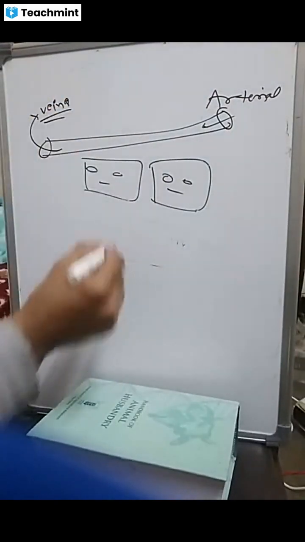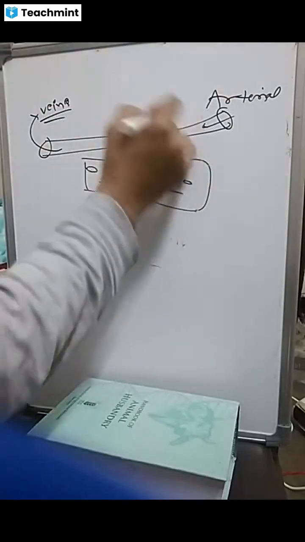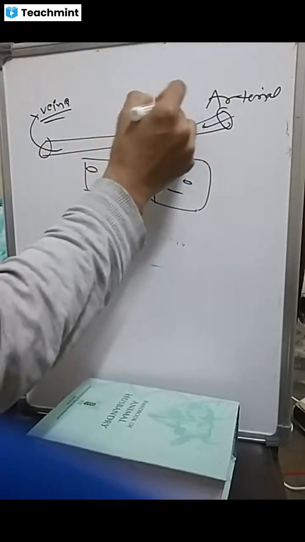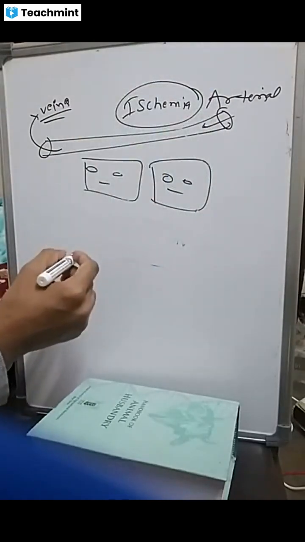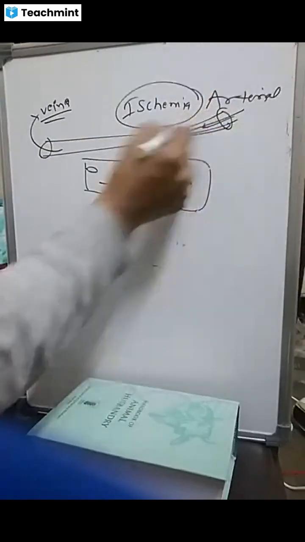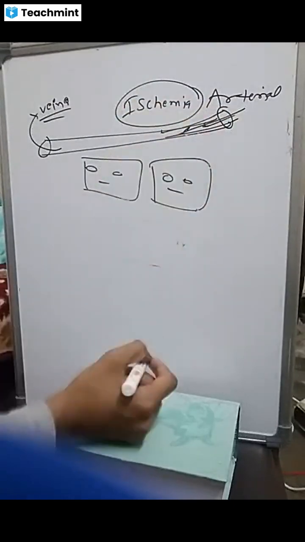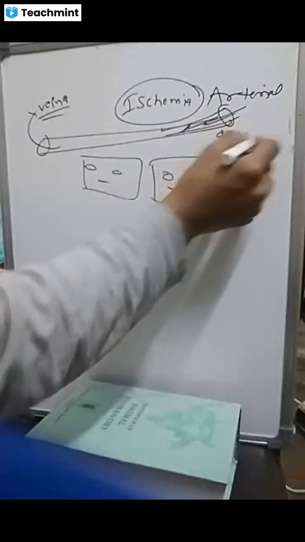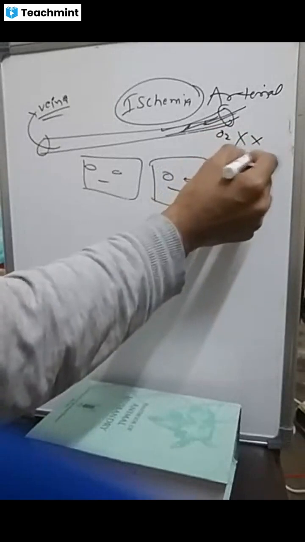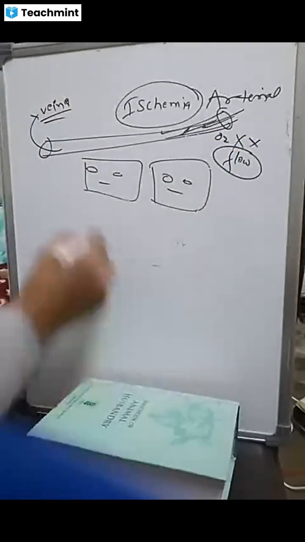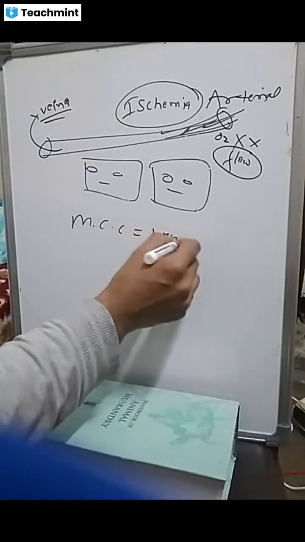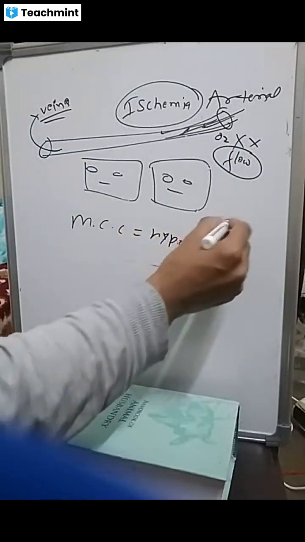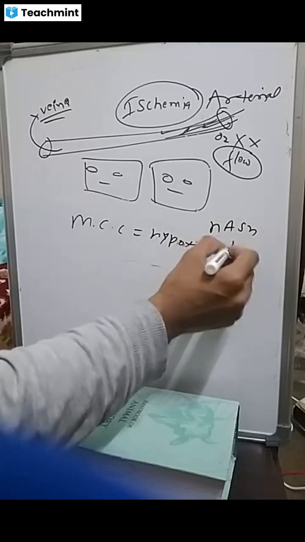The main reason is ischemia. From the arterial side, oxygen is not coming. So problem with the flow. So the most common cause of hypoxia out of HASH is ischemia.